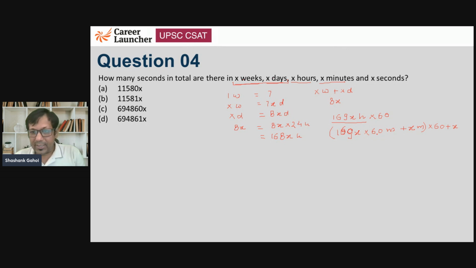Okay, so let's multiply. So this is going to be 0, 6 9s are 54, so carry over 5. It is going to be 101 X plus X. So these many minutes we are talking about. Into 60 are seconds plus X. So 10141X minutes into 60 are seconds plus X. These are the seconds.